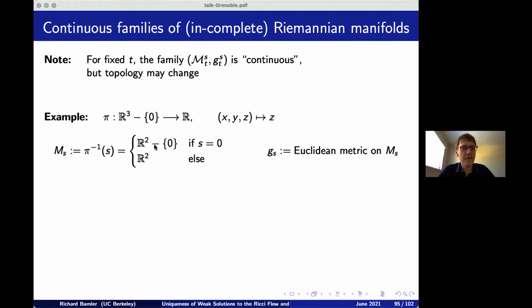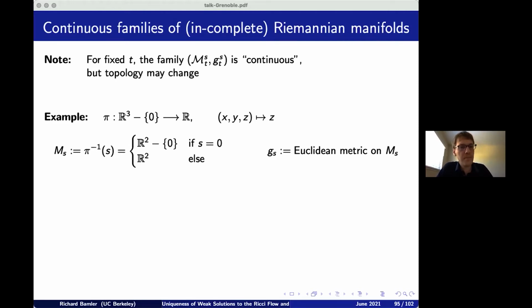So then M_S is either R2 minus the origin, if S is equal to 0, or R2. Okay? And let me just choose the Euclidean metric on M_S. So this gives us some kind of continuous family of two-dimensional flat Riemannian manifolds, which do change topology as we vary the parameter.